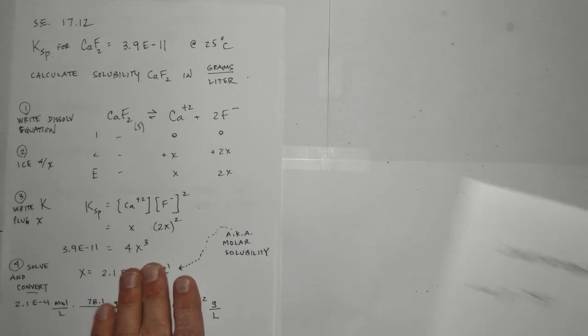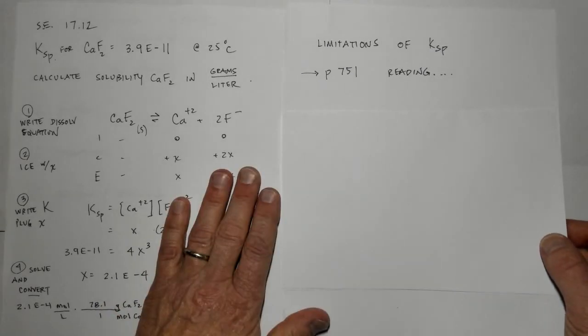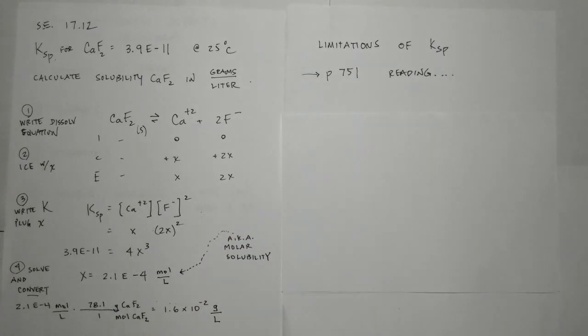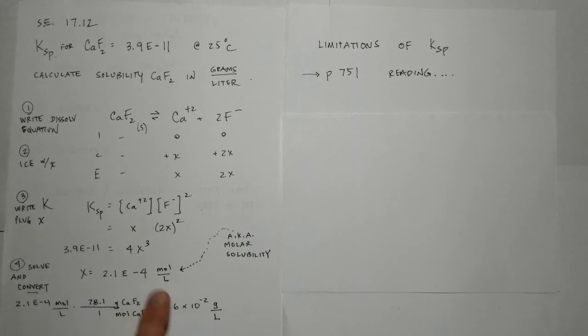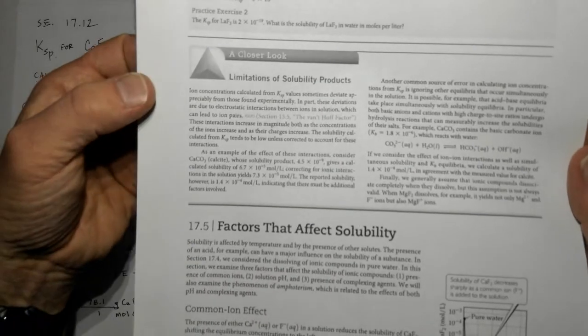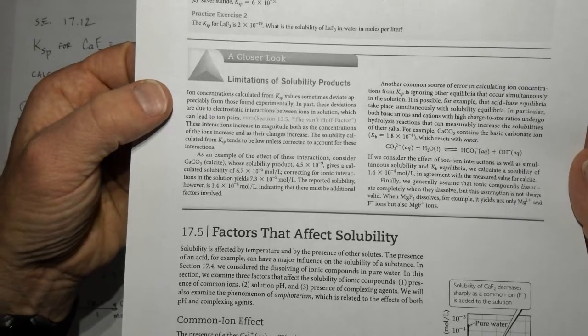So before we go, let's talk a little bit about the limitations of Ksp. Ksp seems like this amazing thing that you can calculate that's going to tell you exactly how many grams will dissolve. But on page 751 of your current textbook, they talk about a number of these limitations of solubility products.